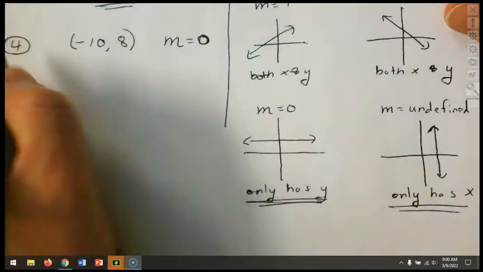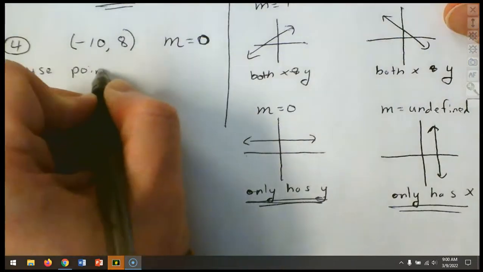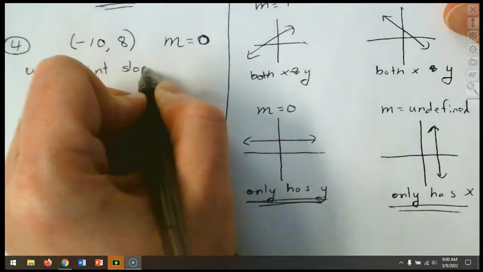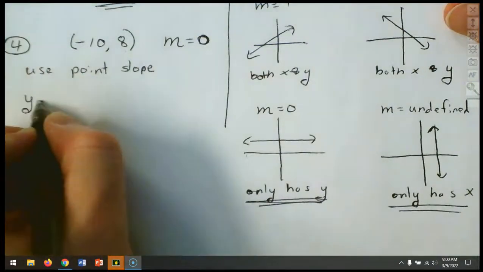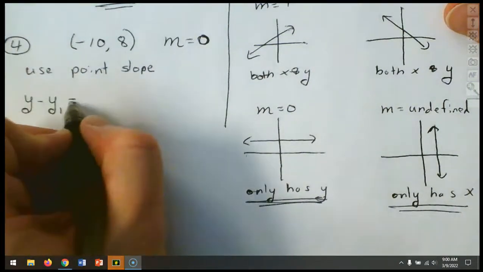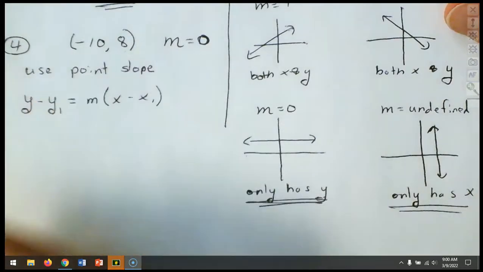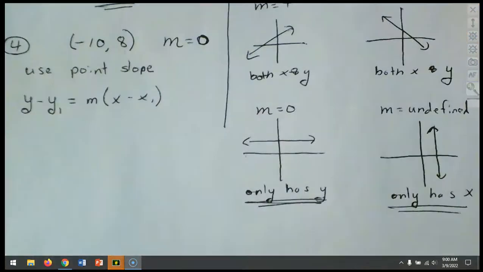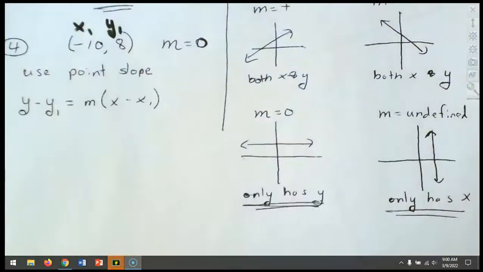Let's use our point slope formula. If I use my point slope formula, it's y minus y1 equals m times x minus x1. And this up here, of course, is your x1 and your y1.